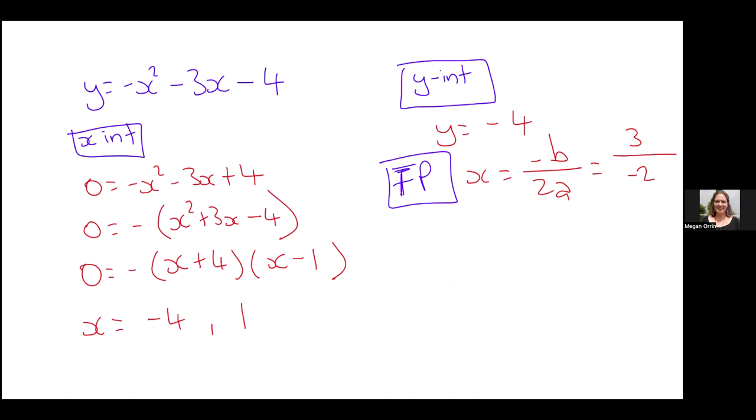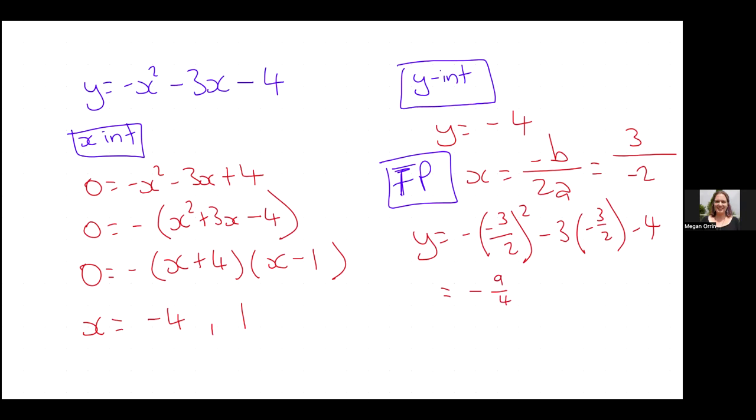So I put that back into my formula. So we're going to get negative, what is that? 9/4. That's super annoying.